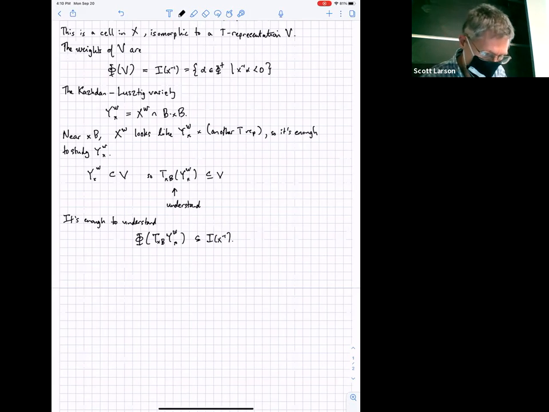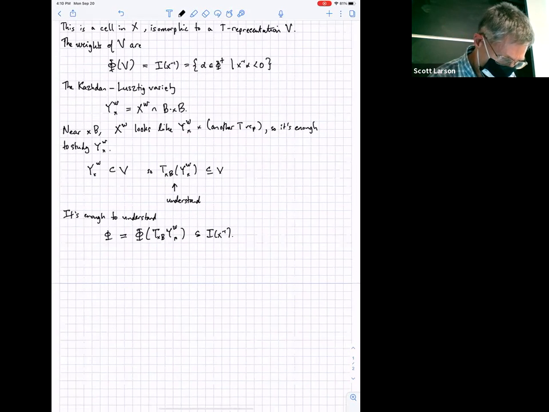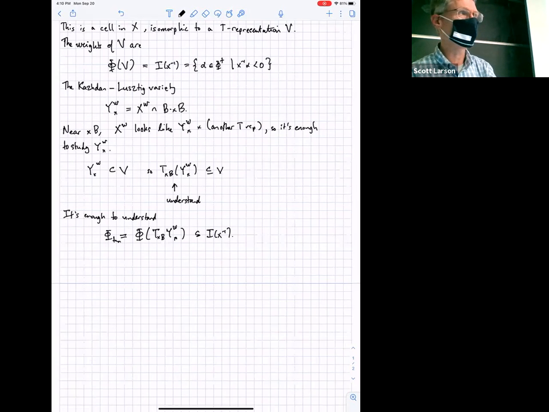I don't want to write this down all the time, so I'm going to call this phi tangent, to remind us that this is the set of the weights of the tangent space.